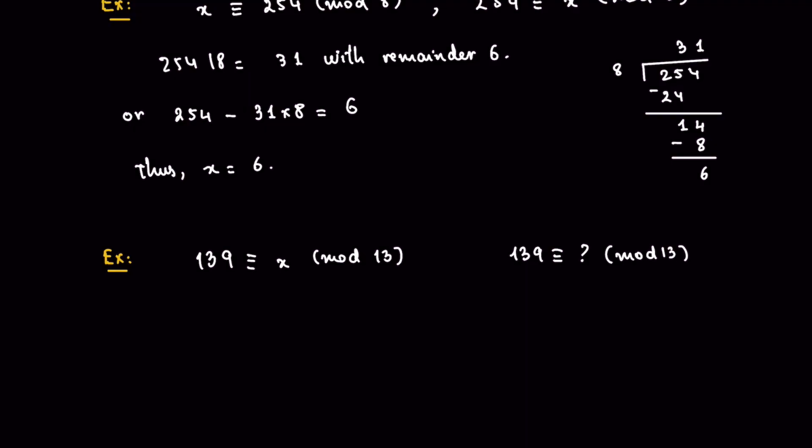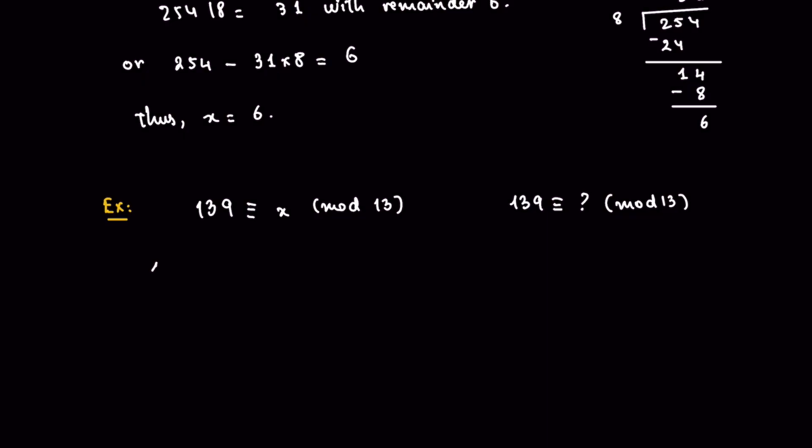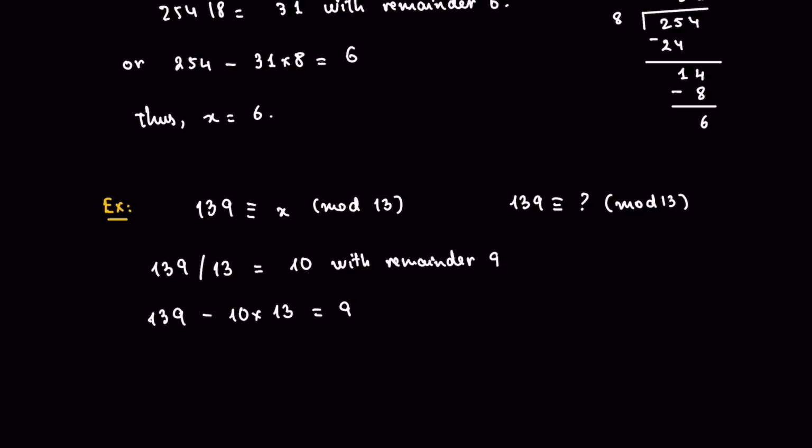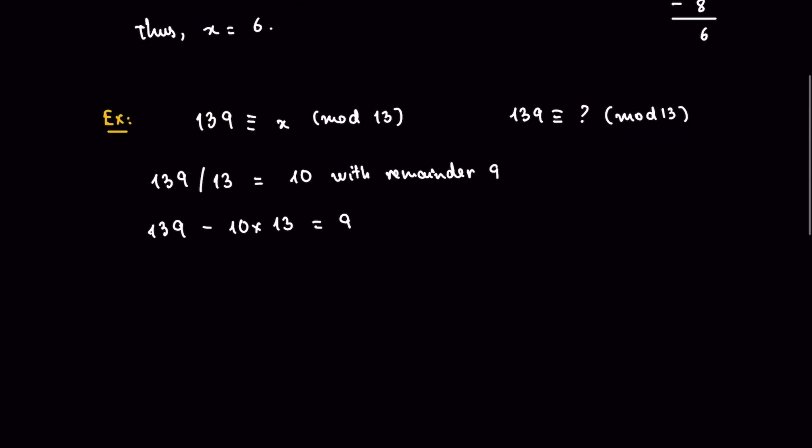Here, instead of a question mark, I have a variable X. So you take 139 divided by 13, and it's equal to 10 with remainder 9. To find 9, you can carry out the divisions, or you do 139 minus 10 times 13, and the calculation gives you 9. That is the remainder you're looking for. Thus, the value of X in this case is equal to 9.